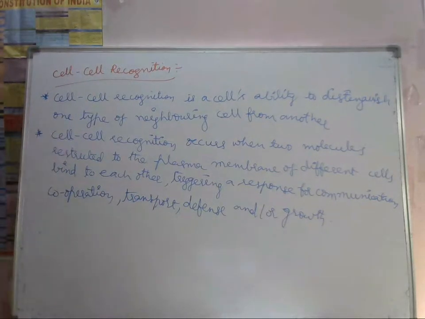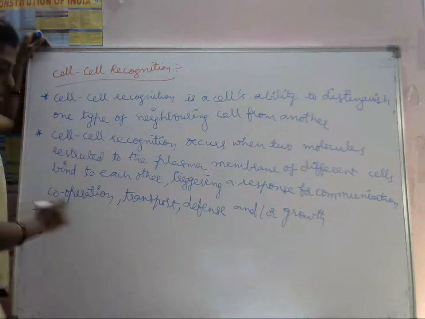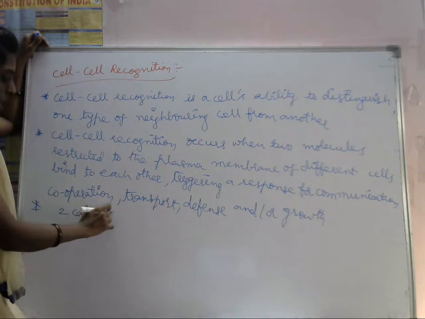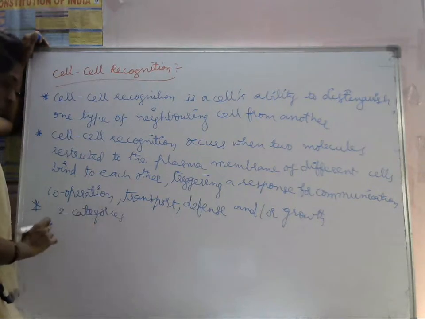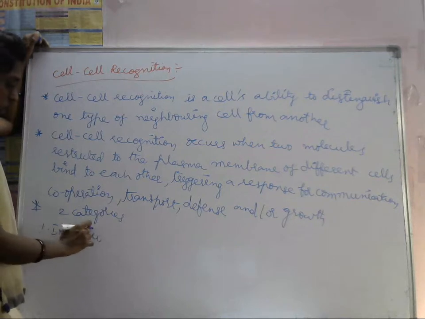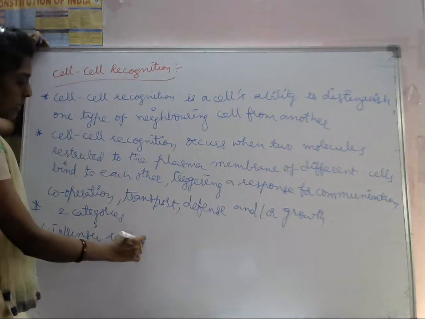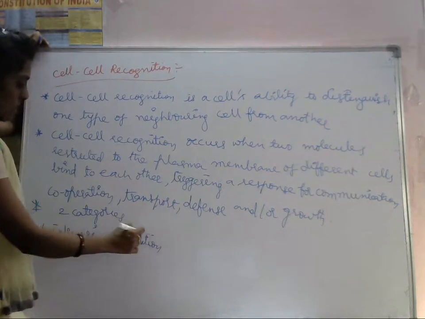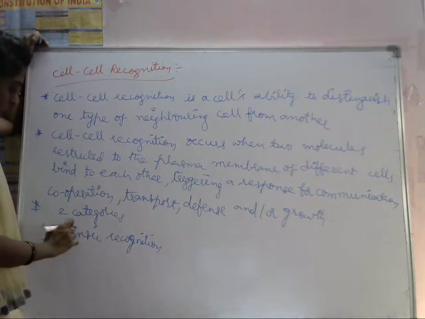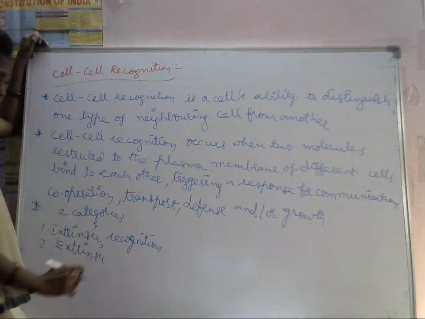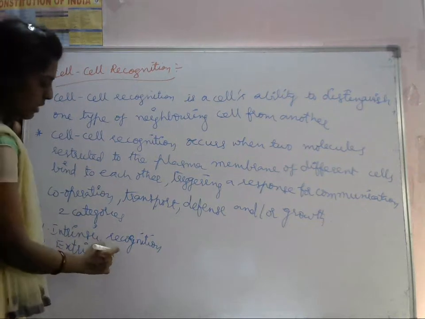Cell to cell recognition is grouped into two categories: one is intrinsic recognition and the other is extrinsic recognition.